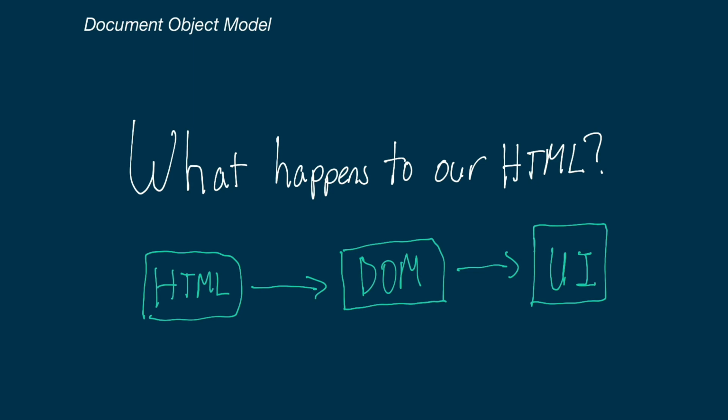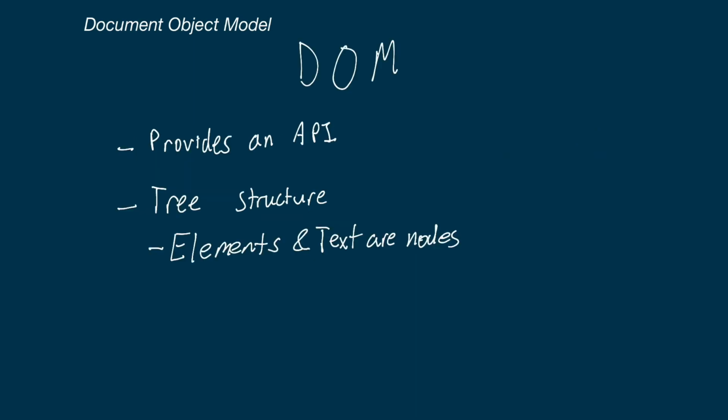Now, this DOM, or document object model, has a few different purposes. It allows the browser to keep track of what's on the page, but it also provides us with an API that we can interact with via JavaScript or really any other programming language, and we'll see how to do that in the JavaScript crash course. And when we interact with the DOM via this API, we will be interacting with it as a tree because that is how it's storing our HTML file.